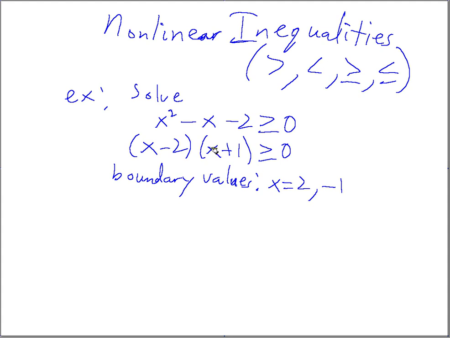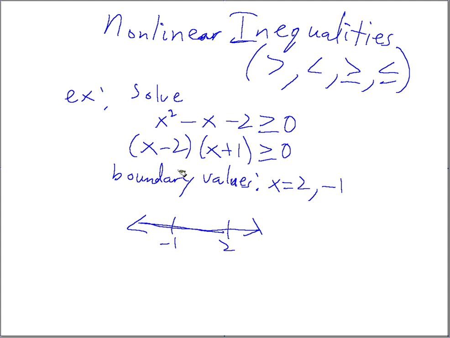So I'm going to analyze this product by drawing a real number line and identifying these two key values in the appropriate order, of course. So negative 1 is here, for example. Positive 2 is here. Now, let's analyze this product.